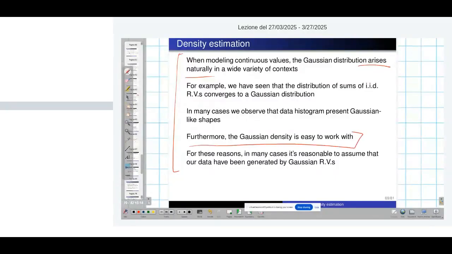For us, another reason is that it's easy to work with. So even when the data are not well modeled with a Gaussian distribution, given that the models are much simpler than using other distributions, it's still worth trying if the Gaussian model is good enough for our task, even when we know that it's not the best choice, because compared to other models, it's much easier to work with.